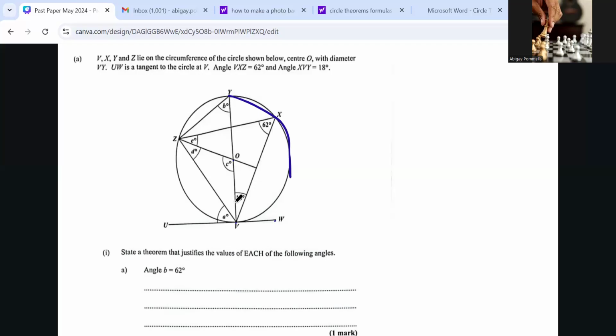All right, so we say right here, it looks like a right angle.